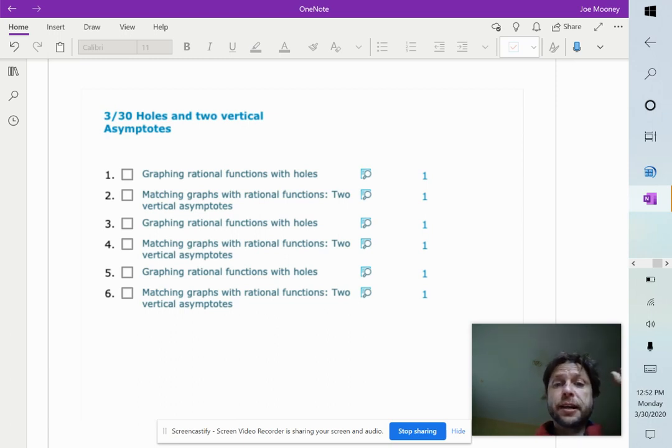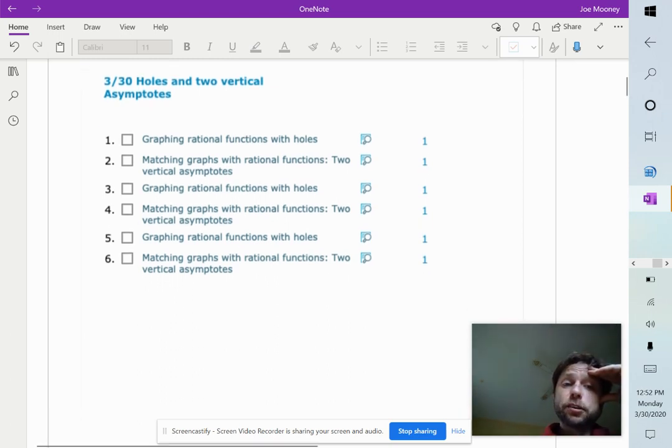So for questions, but to get started, the assignment for today. Like I said, I've been working on this for hours. It's technology issues. I've trimmed it down and named the assignment 3:30 holes and two vertical asymptotes, because there was already one and I just had to redo it.